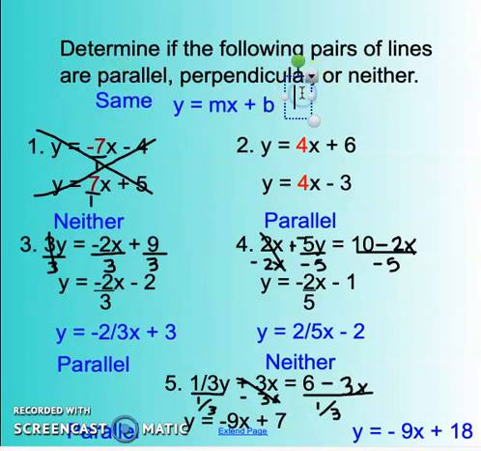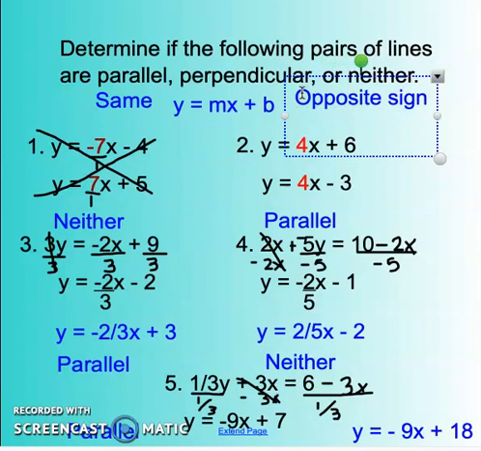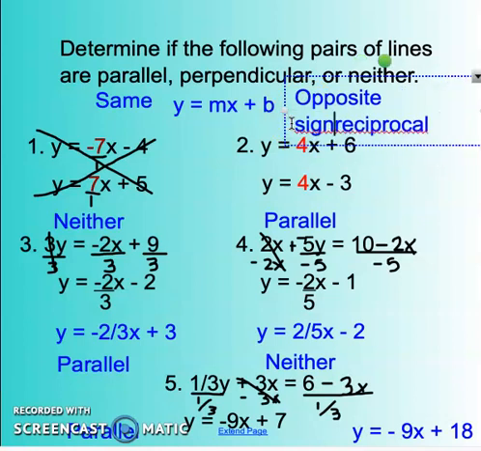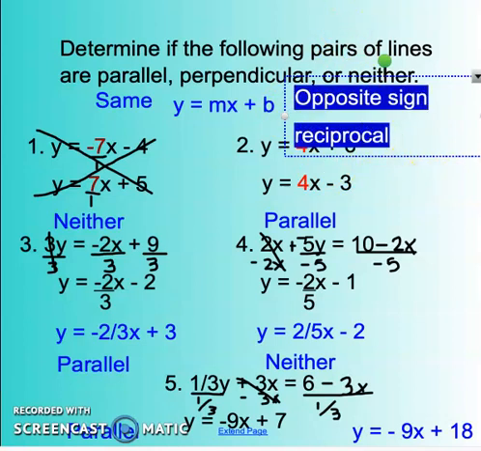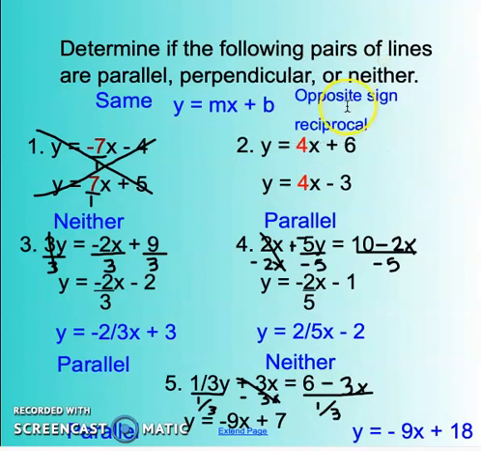Perpendicular lines need to be opposite sign, and they need to be reciprocal of each other. I'm trying to make this one smaller so you could see it. There. So opposite sign and reciprocal. Got to be both.